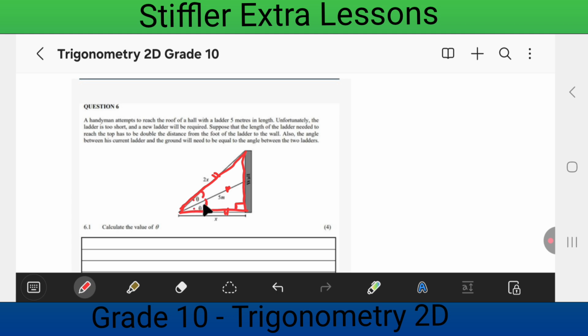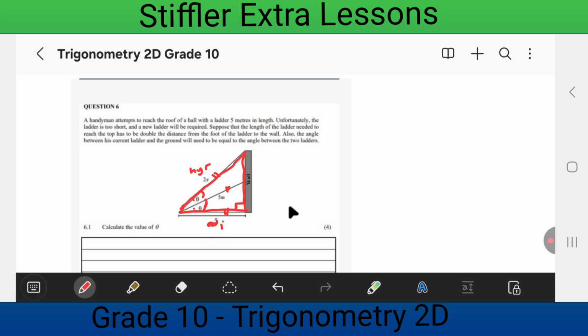So the first question says calculate the value of theta. So we need to know what is the value of theta. So let's use this bigger triangle, because you can see that there's a relationship between this one and this one, which is this one is 2x and this one is x, right? So which ratio can help us to find the hypotenuse and the adjacent?